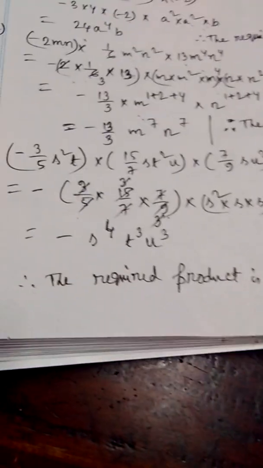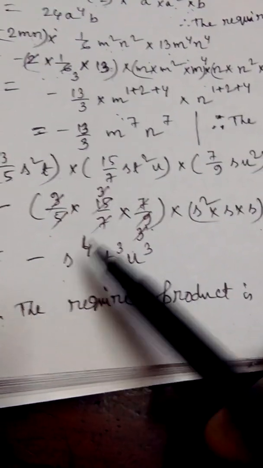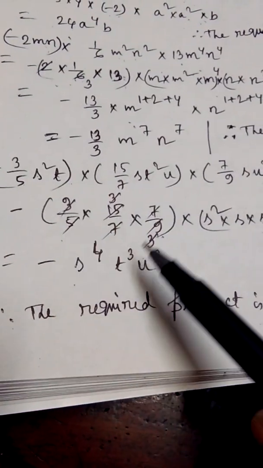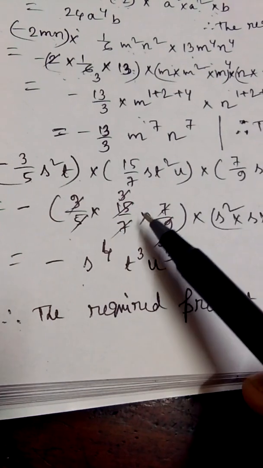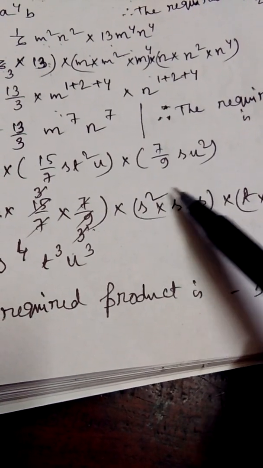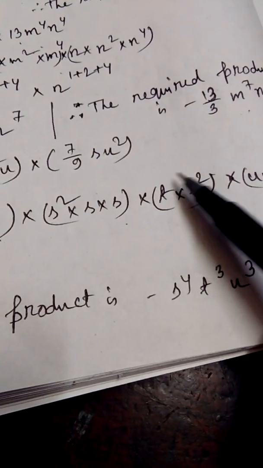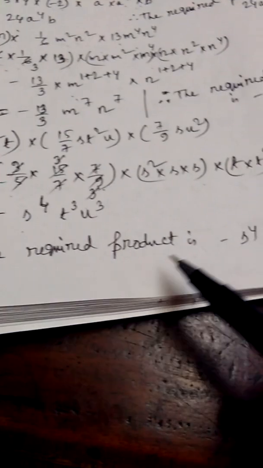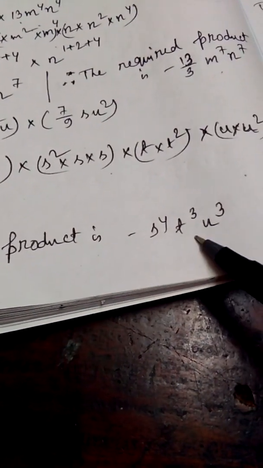After simplification, the coefficient is equal to minus 1. So the value is minus s to the power 2 plus 1 plus 1, that is s to the power 4, t to the power 1 plus 2, that is t cube, u to the power 1 plus 2, that is u cube. Therefore, the required product is minus s to the power 4 t cube u cube.